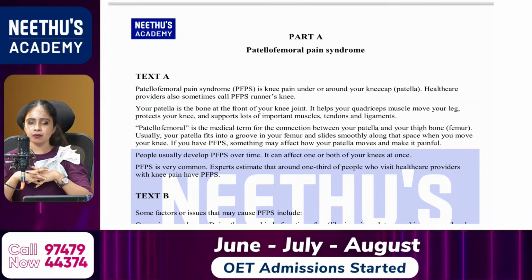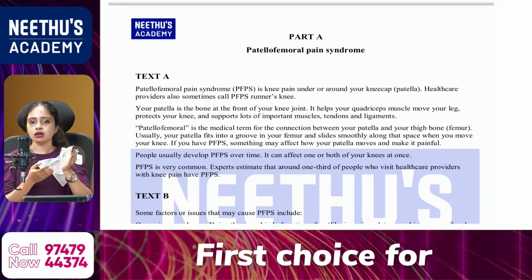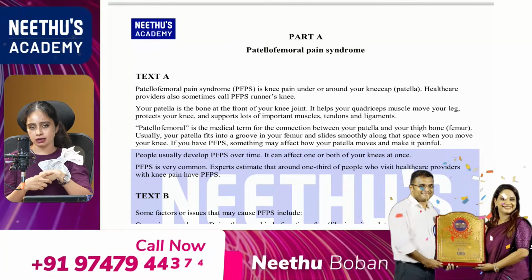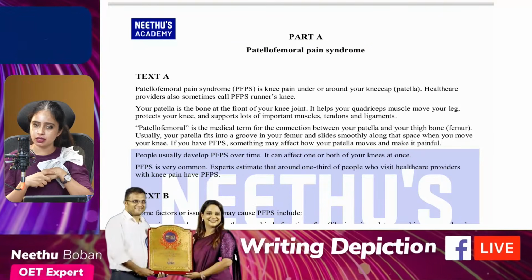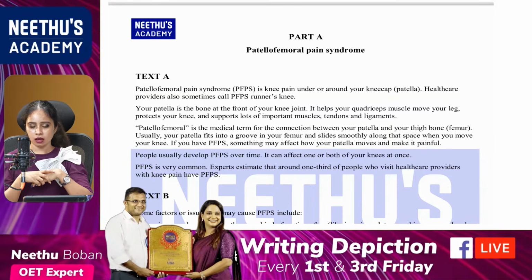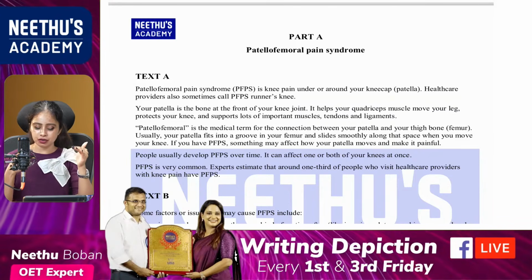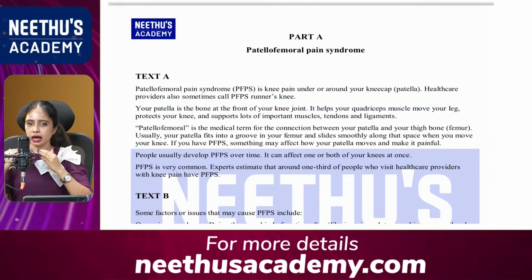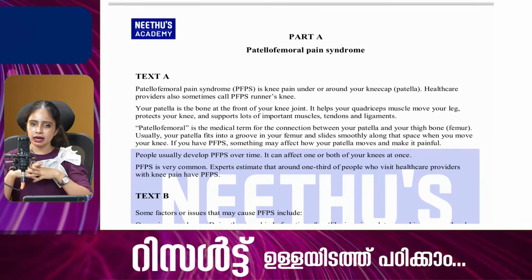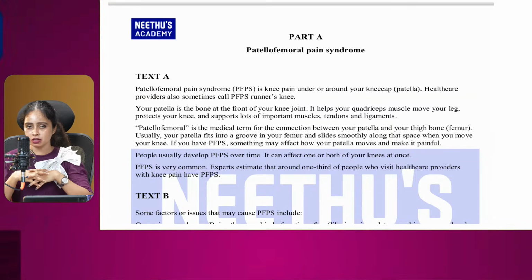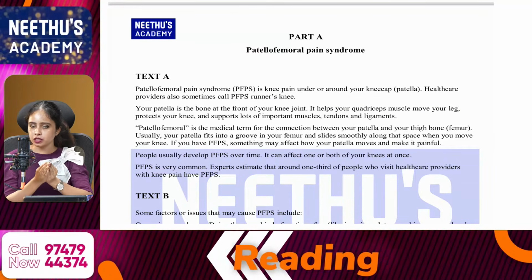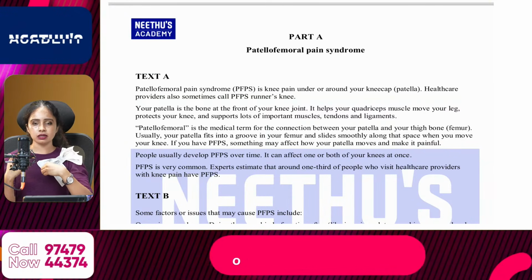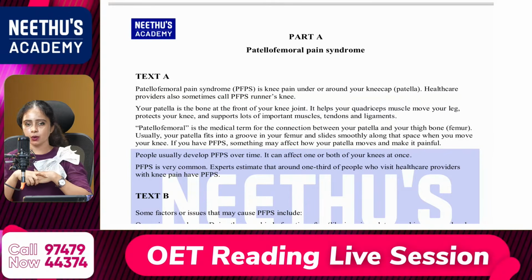Text A contains the definition of that disease condition: what is necrotizing enterocolitis, what are the symptoms. If you skip that portion and start with text B, maybe text B is all about the prevalence, text C maybe a pictorial, and text D all about the outcome or the treatment measures. So it is my personal opinion that it's better you start with text A, then text B, text C, and text D in the proper order. Clear?